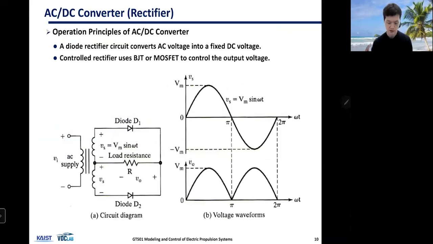So let's talk about the rectifier. A rectifier literally rectifies an AC signal, and how an electrical circuit does it is explained here. So you have a circuit diagram. Looking at the left plot, you have the AC power supply, and here is the load, which is represented as a resistance.